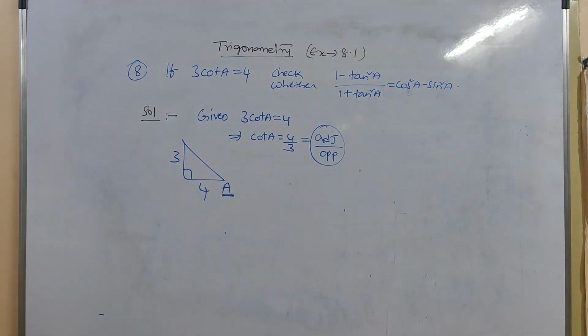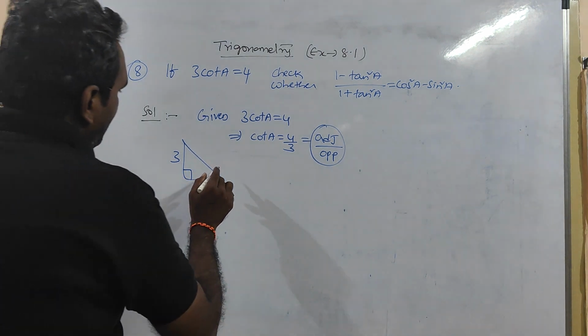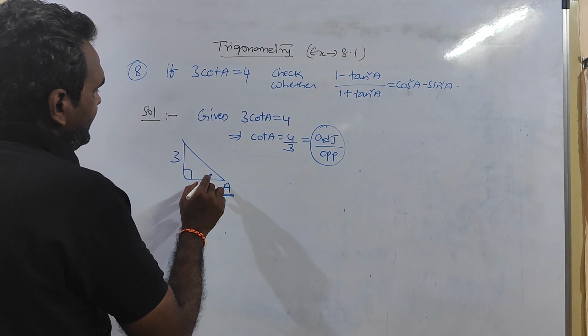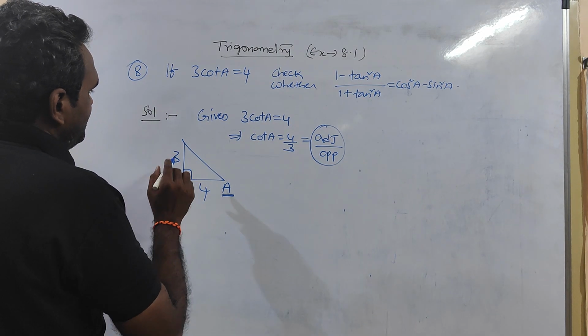If you want to draw the diagram, you can; you can also do the problem without drawing the diagram. If you want to do the problem with the diagram, you have to mention the A, B, C properly. My cot A will be here only. Why? Because cot of A is adjacent by opposite.